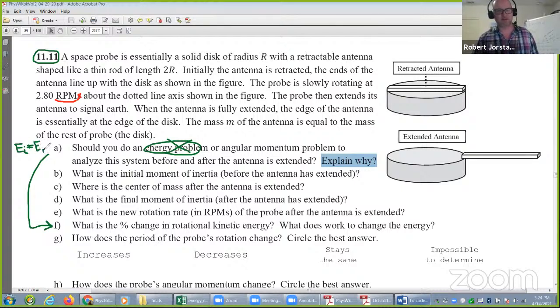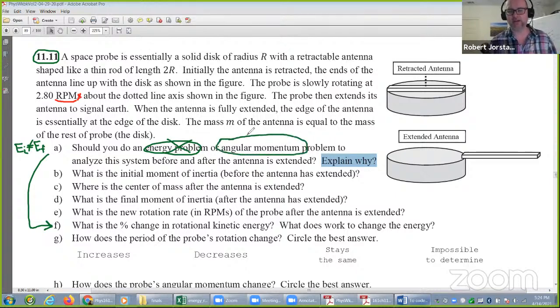Now, it turns out we'll discuss this more later, there might be a way to do it, but it turns out it's not obvious and it's not easy. It's actually very difficult. So that was a good guess. And that's the problem, is it looks exactly like an energy problem.